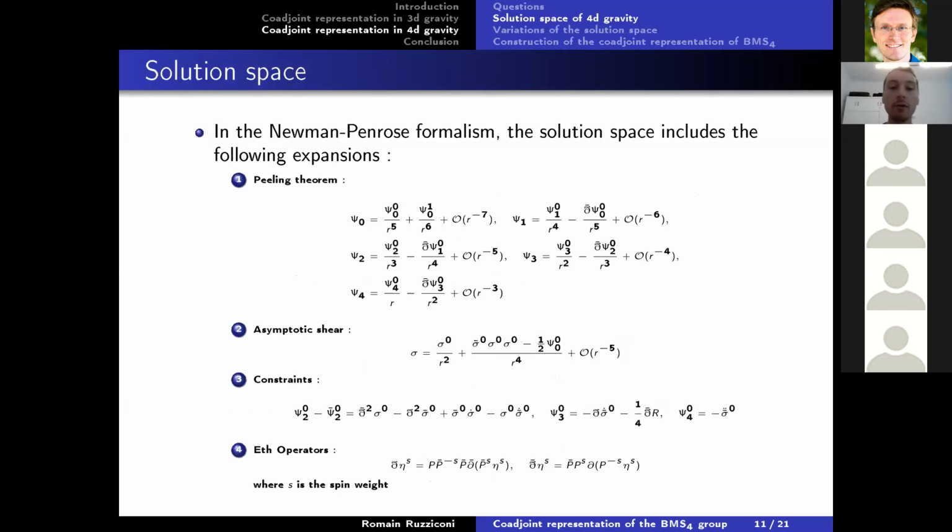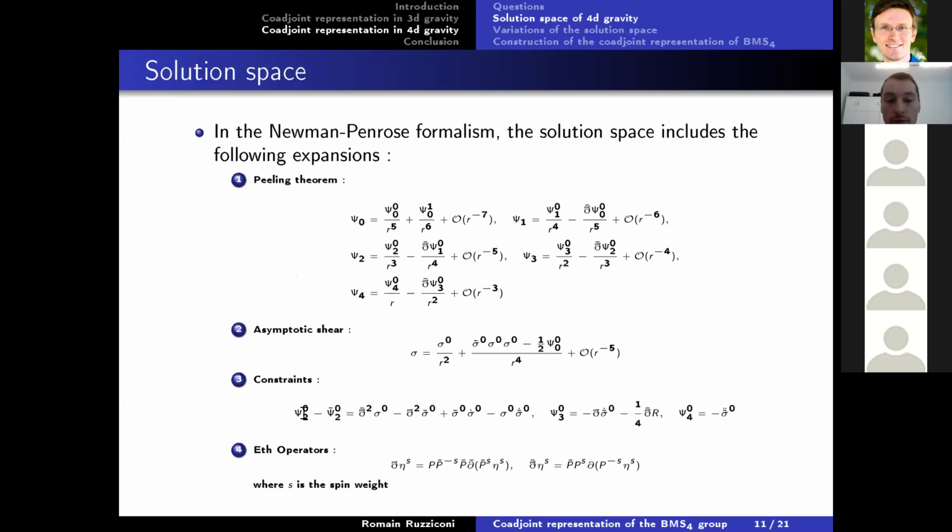Okay, then you can solve the equations of motion in this formalism. And what you find is the following solution space. In particular, you recover the peeling theorem for the expansion of the Weyl tensor. The asymptotic shear will be defined here as the leading term of the expansion of the shear.